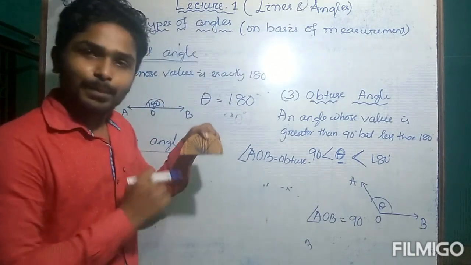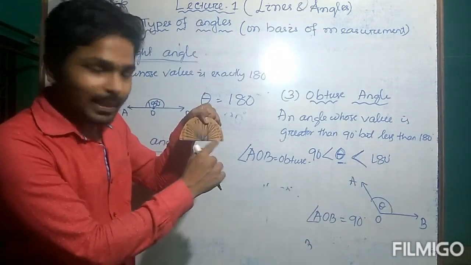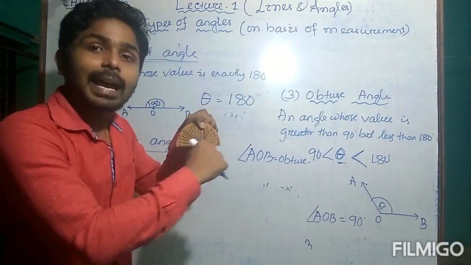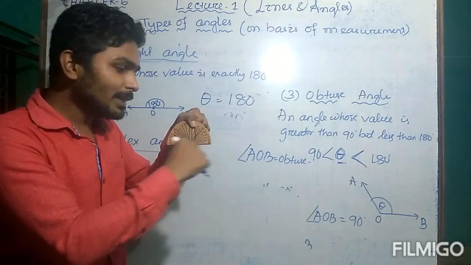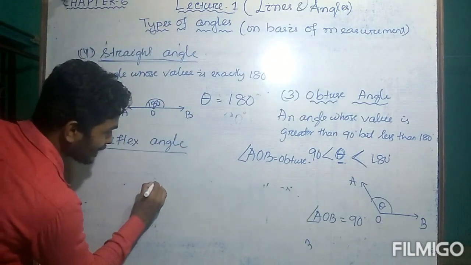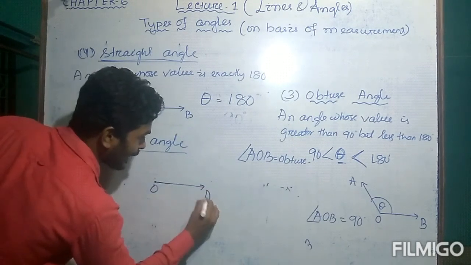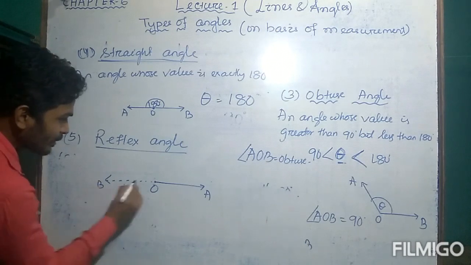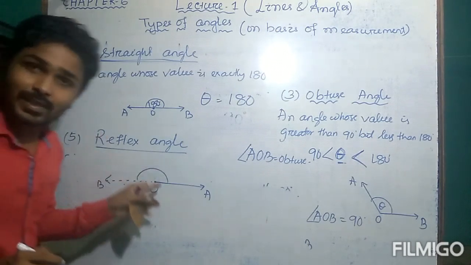See, this is a protractor. Now this is 0 degree, this is 180 degree. So this straight line is a straight angle. Suppose this is a ray OA, and this is another ray OB. So it makes an angle in between them, that is a straight angle.